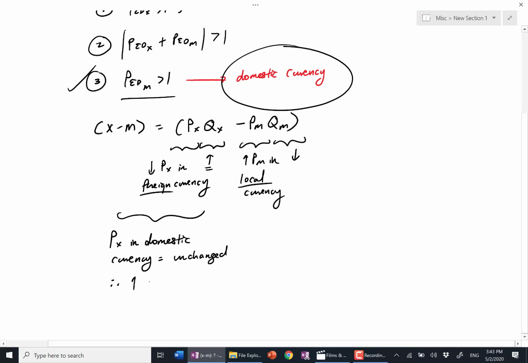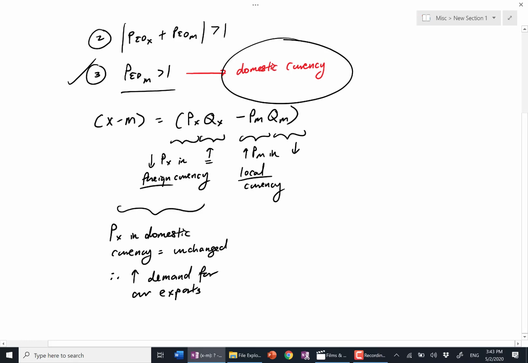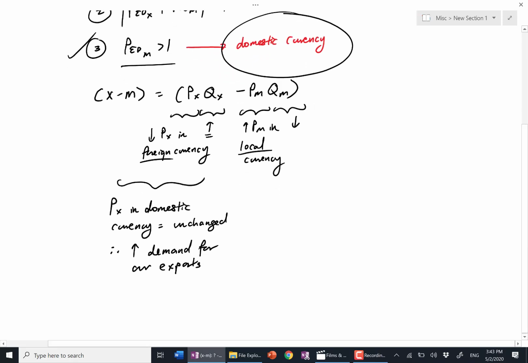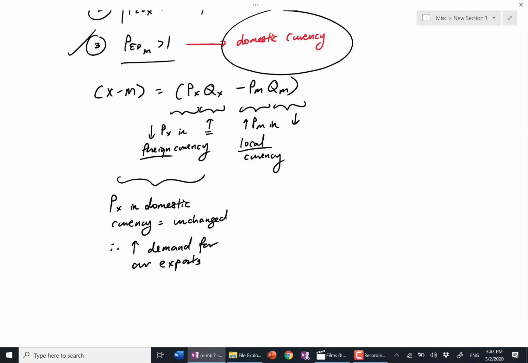So we say there's higher demand for our exports. This goes back to demand and supply. A change in demand is a non-price determinant. Since the price has not changed, it's a change in demand, not a change in quantity demanded.